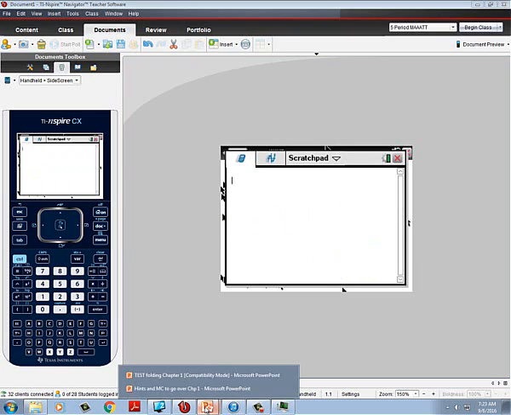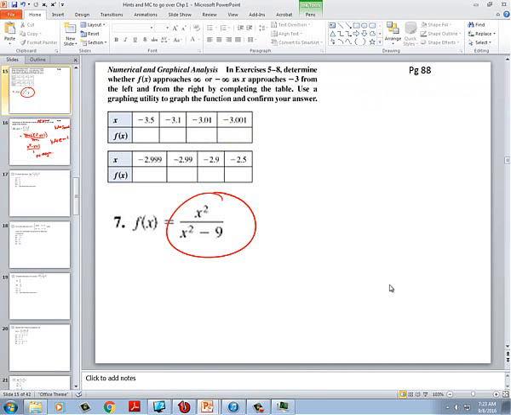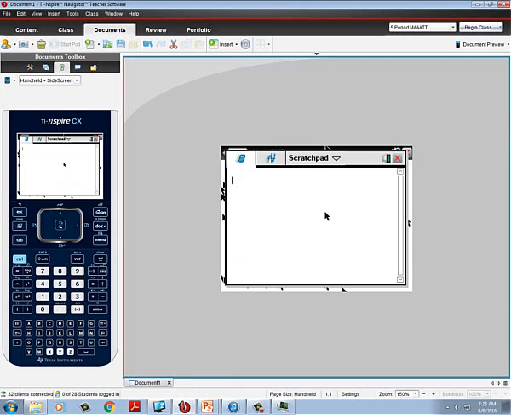All right, so now let's see. I'm going back to my numbers. Negative 3.5, negative 3.1, and so on. Okay, so you guys remember how to do that? So everybody practice that.